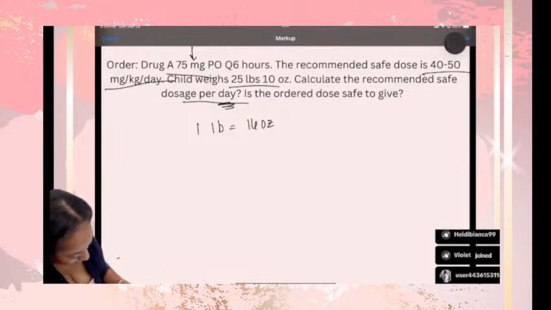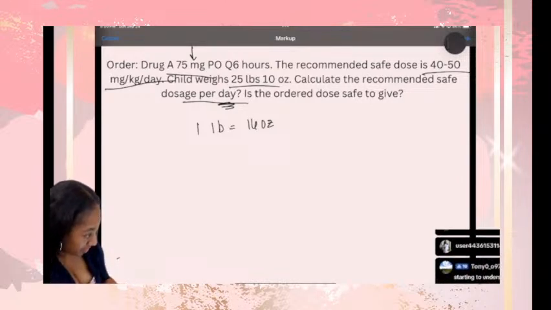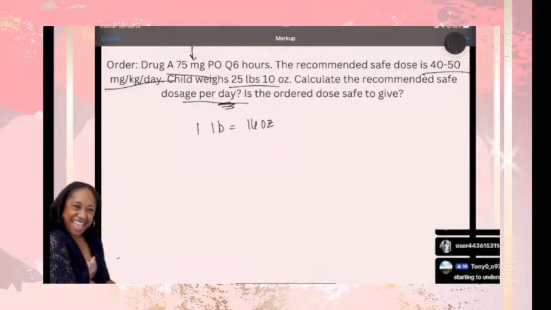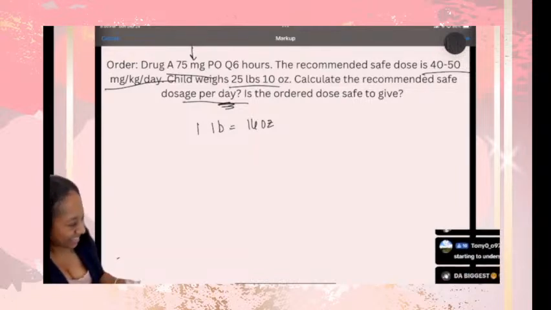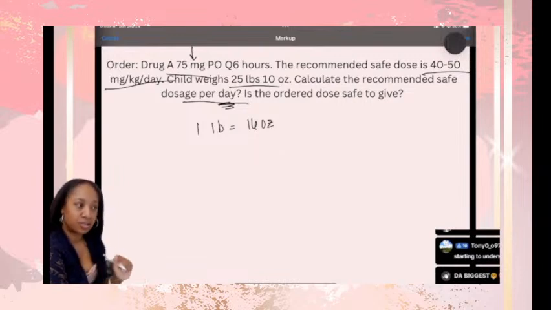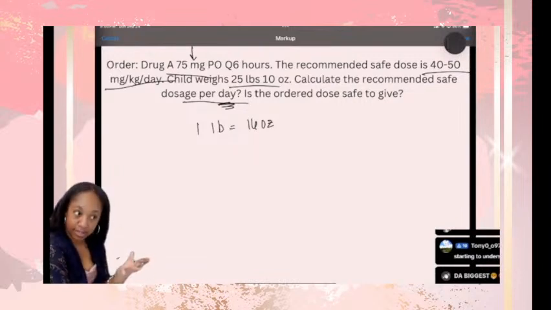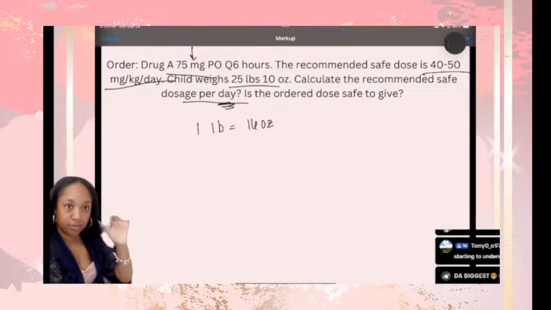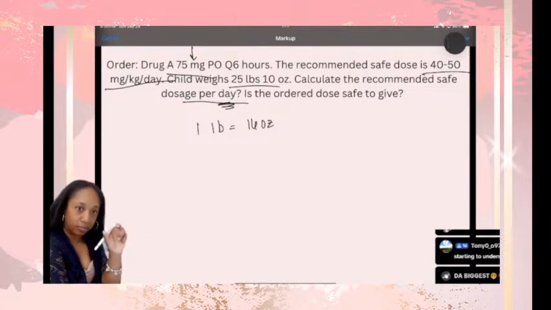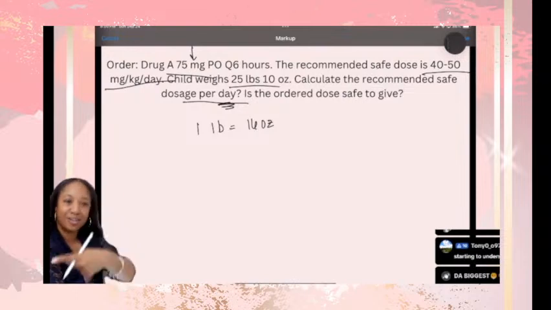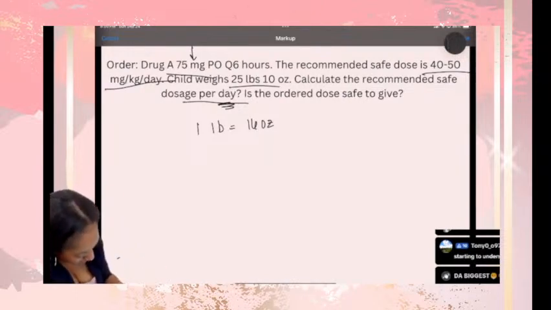So if you want to convert your ounces to pounds, we're going to start with what we're looking for. Pounds, right? So you can add the ounces converted to pounds to your other pounds, right? So you have 25 pounds and 10 ounces. So we're looking for pounds.